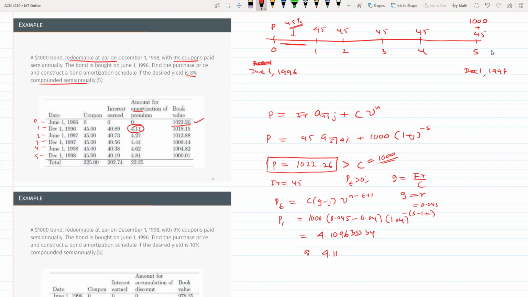So this one is amortization of premium. Why? Because price is more than C. So this one implies amortization of premium, because P minus C is positive. Okay, so if P_1 is 4.11, then we can calculate I_t using this nice relationship.